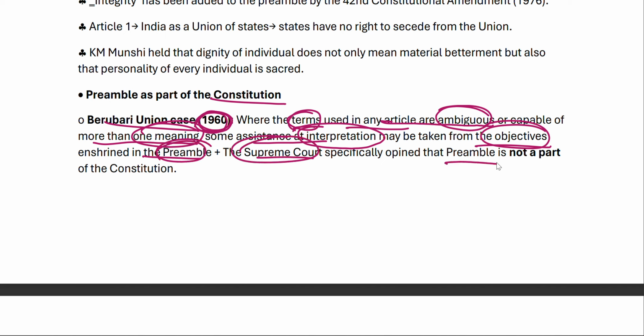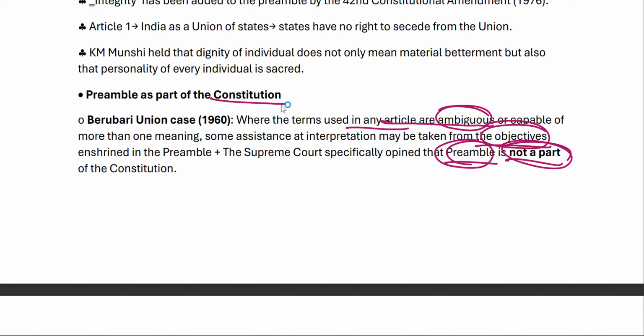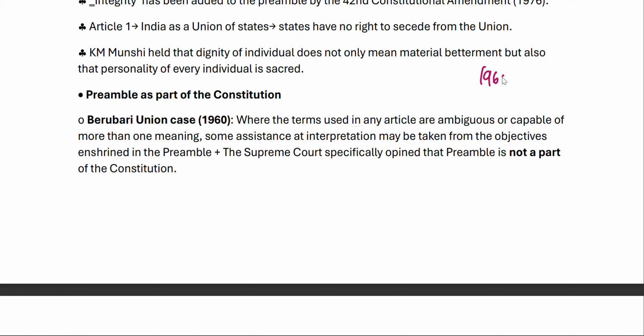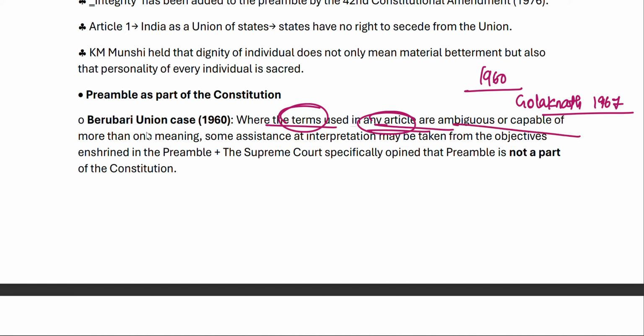But the Supreme Court held that the preamble is not a part of the Constitution.